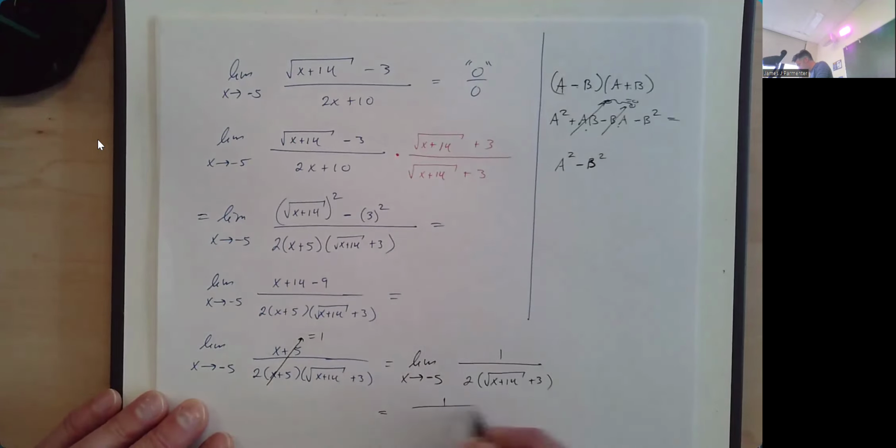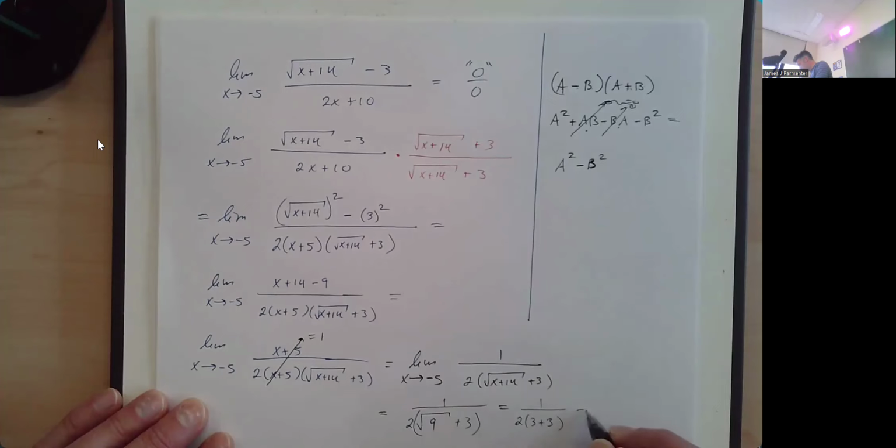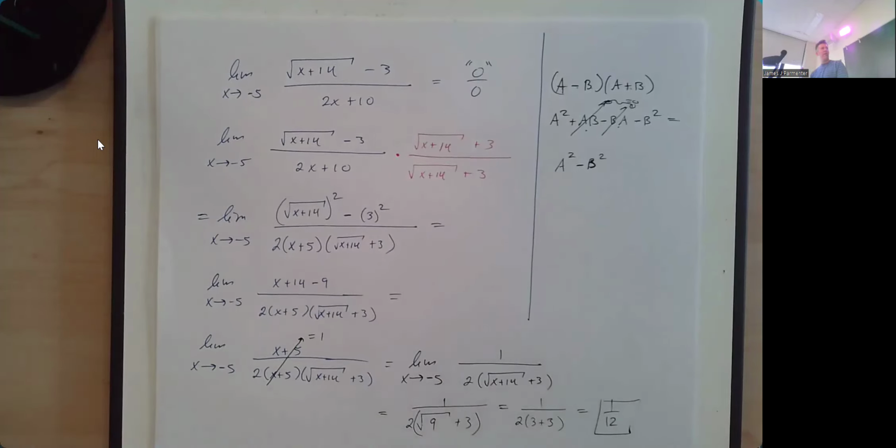We get 1 over 2 times the square root of -5 plus 14 plus 3, which is 1 over 2 times 3 plus 3, which is 1 over 12. Kind of a bit of work. Happens.